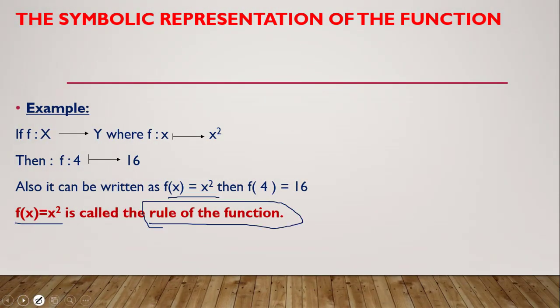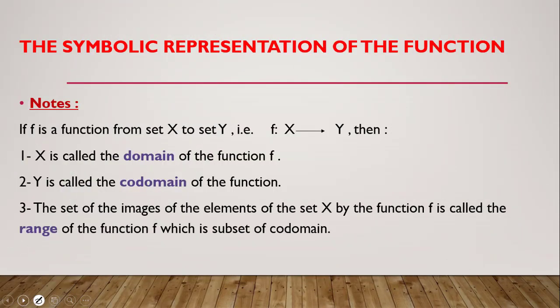Okay? Let's continue. We have some notes here. If we have a function f from set x to set y, it means that f relates x to y, then x, which is the first set, is called the domain, the second set, or y, is called the codomain.